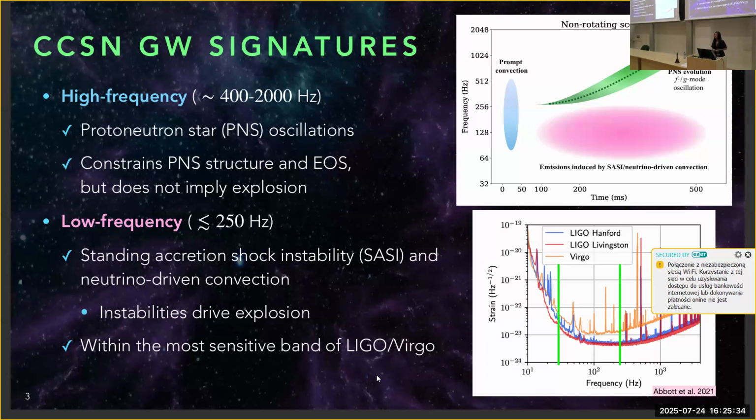This is the feature that's going to be the focus of this talk, because what we're trying to do with our pipeline is to potentially be able to constrain the explosion models if we were to make a detection of a supernova. The other thing that's nice about this low frequency band is that it's within the most sensitive region of the LIGO detectors. So you can see the noise floor here is the lowest compared to the rest of the detector frequency.